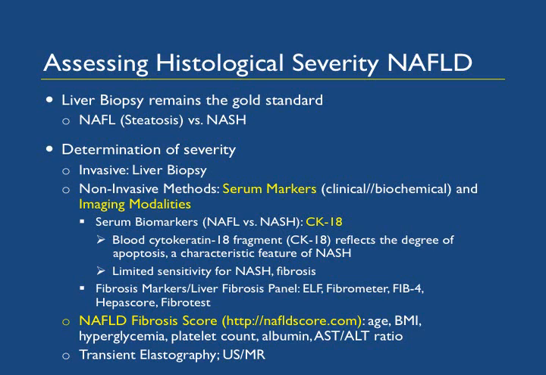Among the serum biomarkers, there are a few which are important to note. One is the cytokeratin 18 fragment, which is not routinely available, but is important because it appears to reflect the degree of apoptosis or cell death, which is a characteristic feature of NASH.